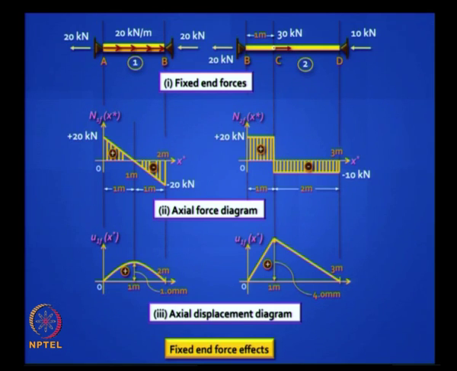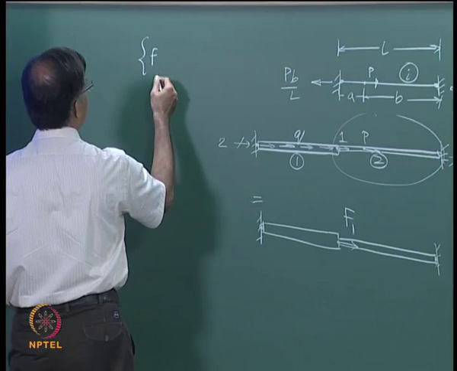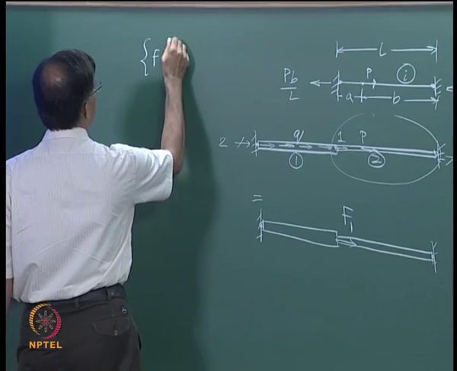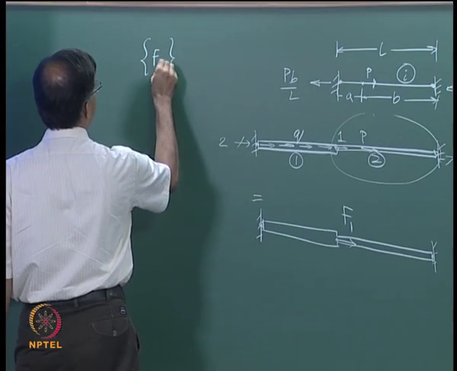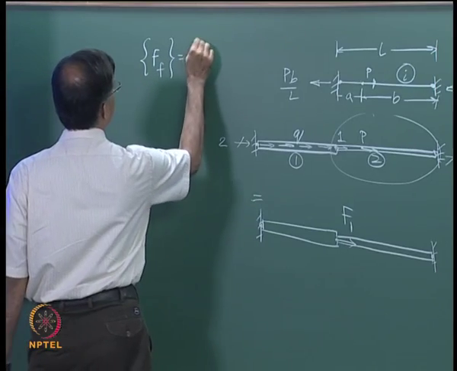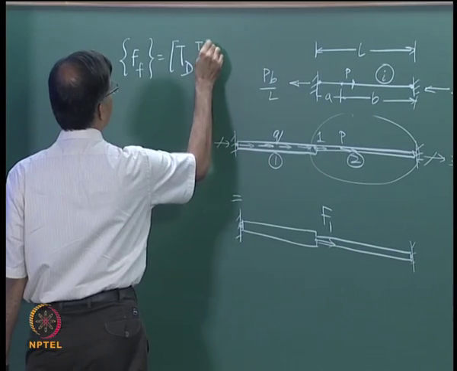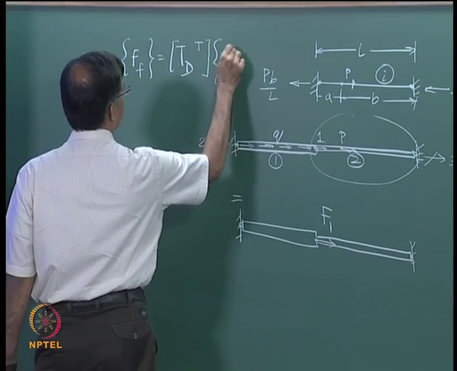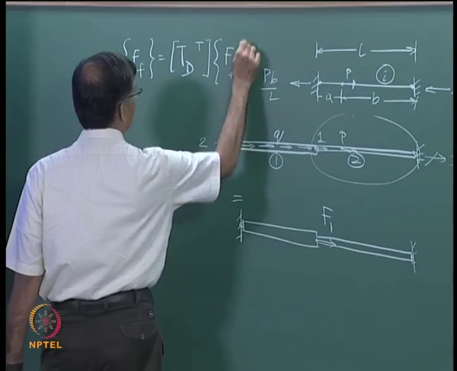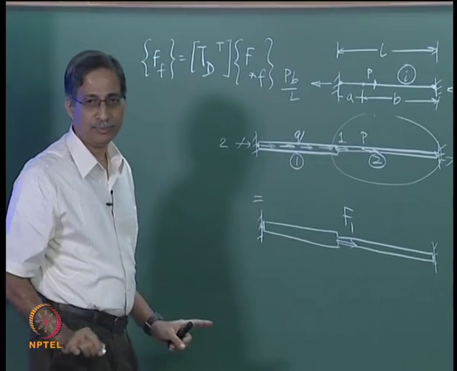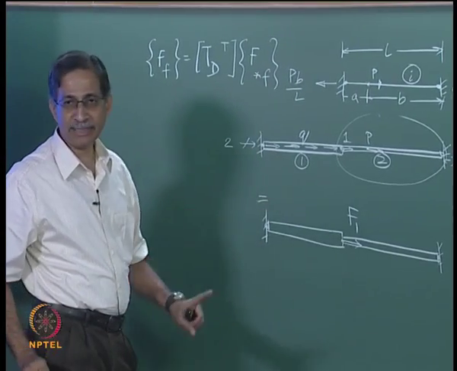See, all that we are saying is F is equal to TD transpose F star F. You can't do that for reasons we have already discussed.